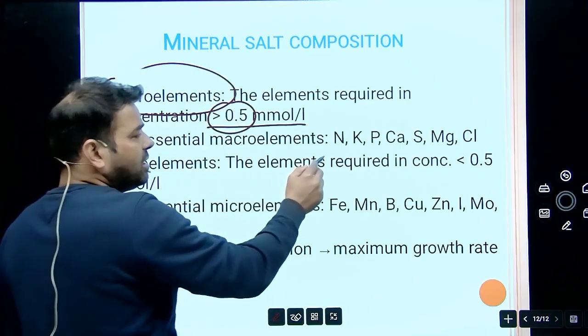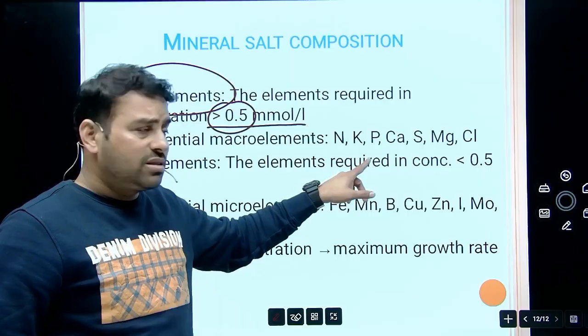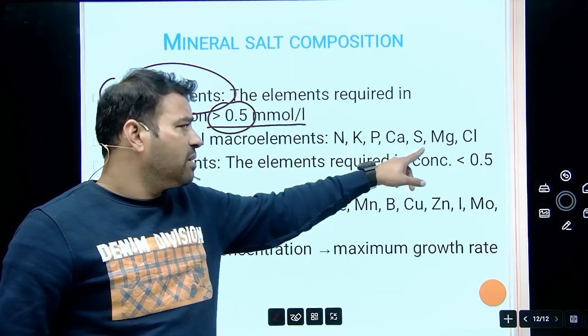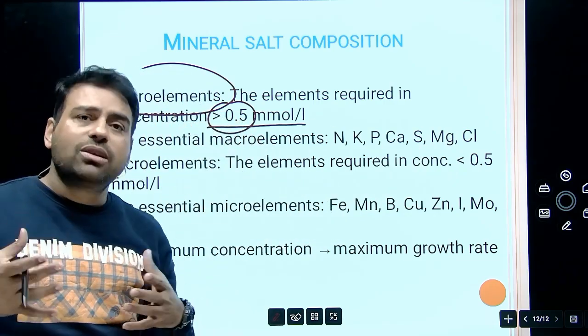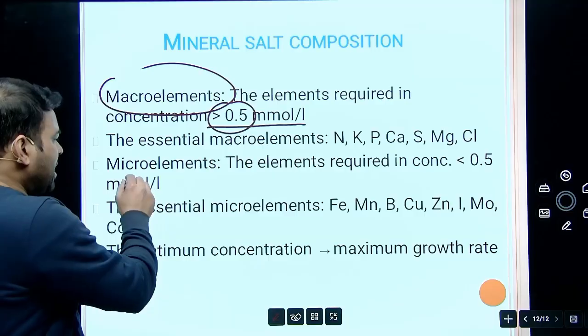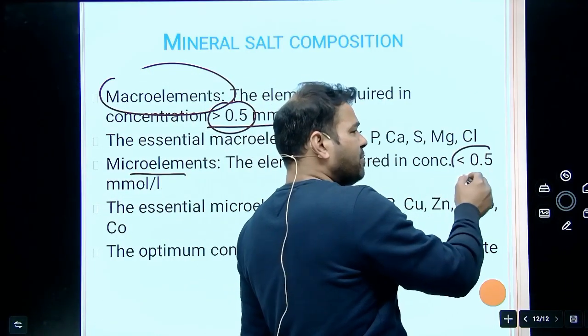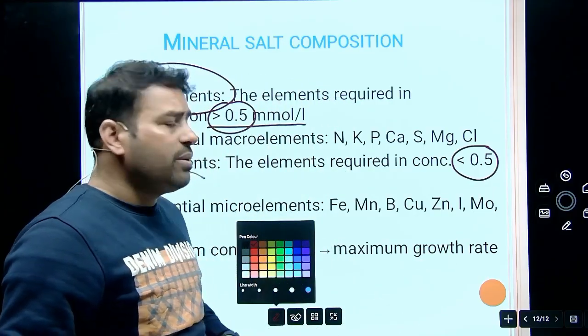So for example, nitrogen, potassium, calcium, sulfur, magnesium, chlorine. These are the macro elements because they are needed in good concentration. Secondly, micro elements, the elements which are required in less than 0.5 millimole per liter.